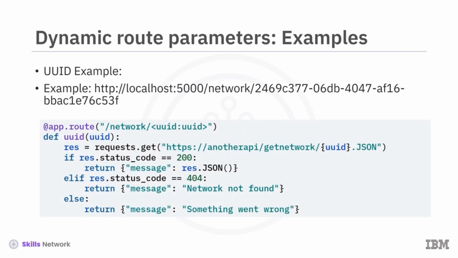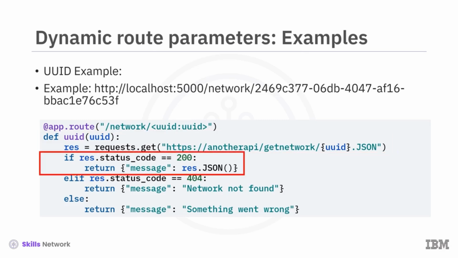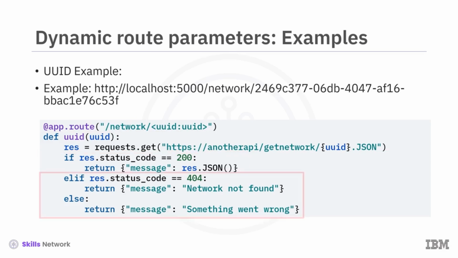You can create an endpoint network that has a specific UUID to get information about the network. You can write this code where the route expects a variable UUID of type UUID. The UUID is passed to the method as an argument, and you return a success message if the UUID is found. Otherwise, you return an error code with an appropriate message.